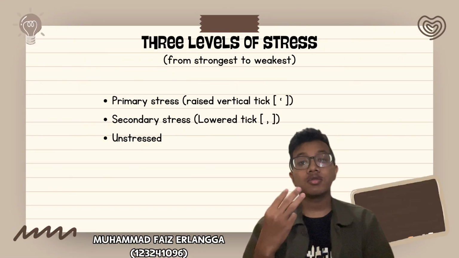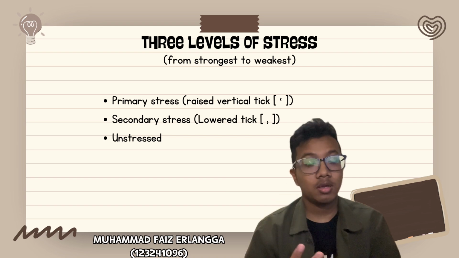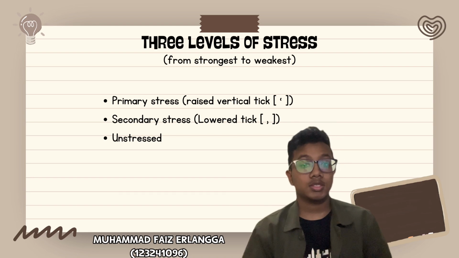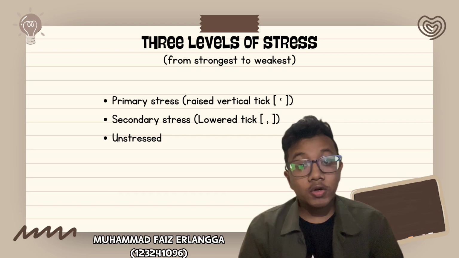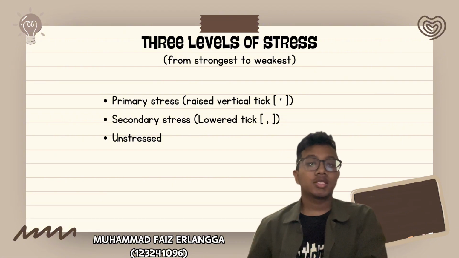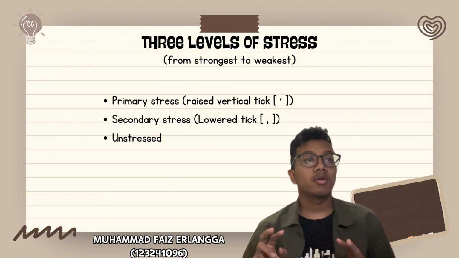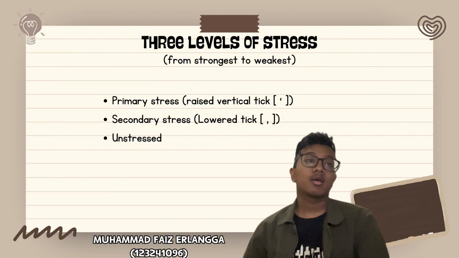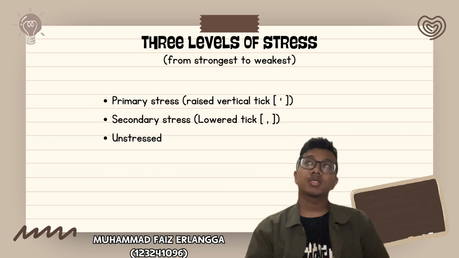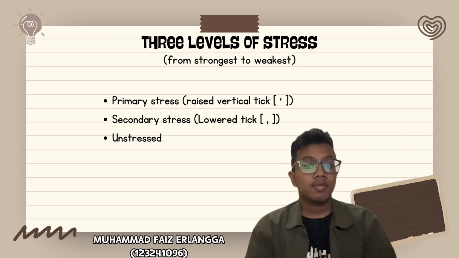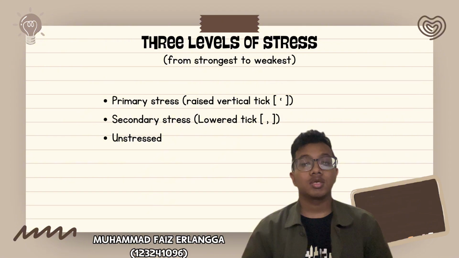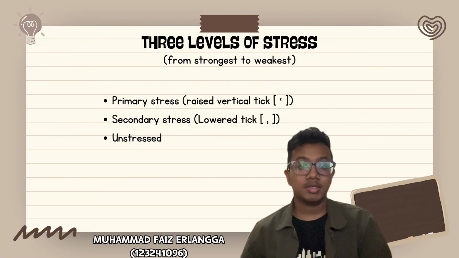There are three levels of stress, from the strongest to the weakest. The first one is primary stress, which is marked by a raised vertical tick, then secondary stress, marked by a lower tick, and unstressed, which is a syllable that is not stressed.